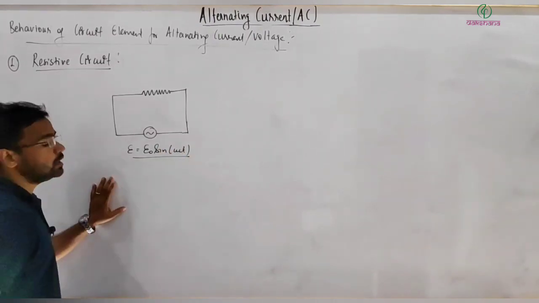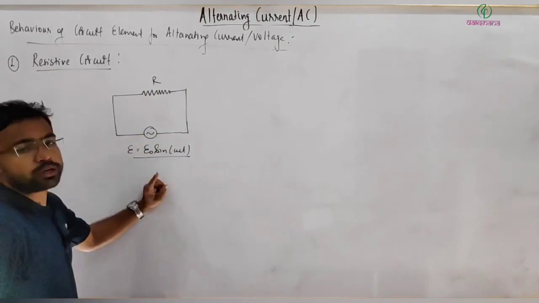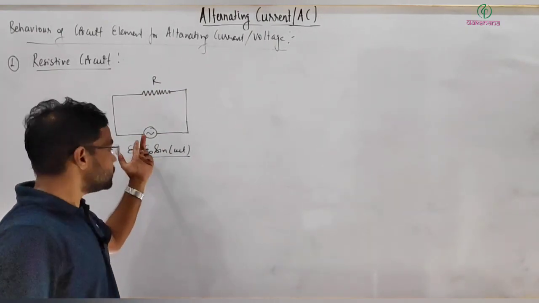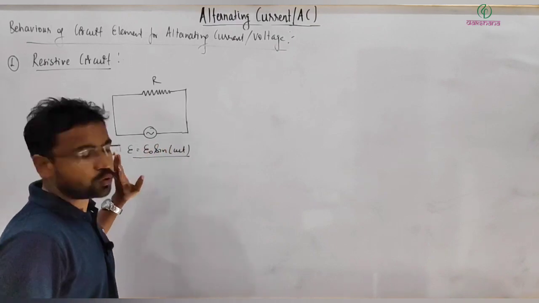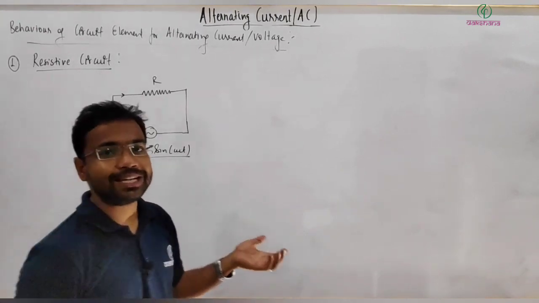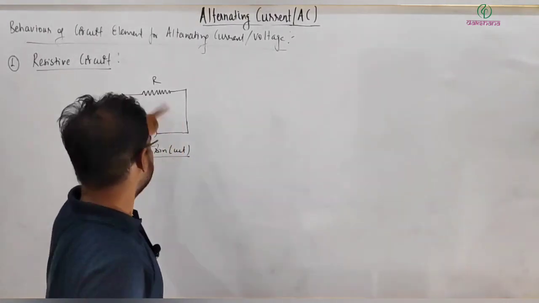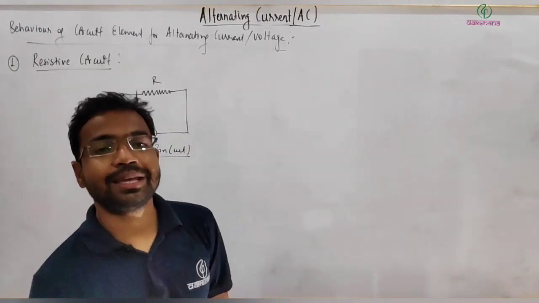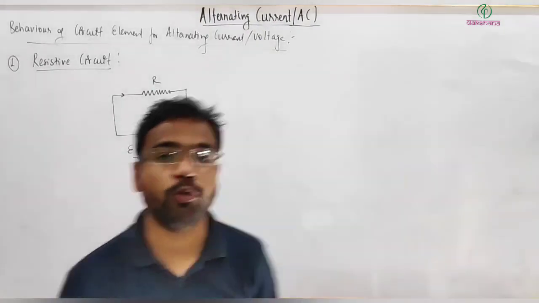Let's say this is the source and the resistance is R. We do not write the polarity here because the polarity will keep fluctuating and changing, so there is no point in that. But at one moment I can take the current going this way, or it will be going both ways, but just to write the KVL I can take the direction of current in one direction just for a moment.